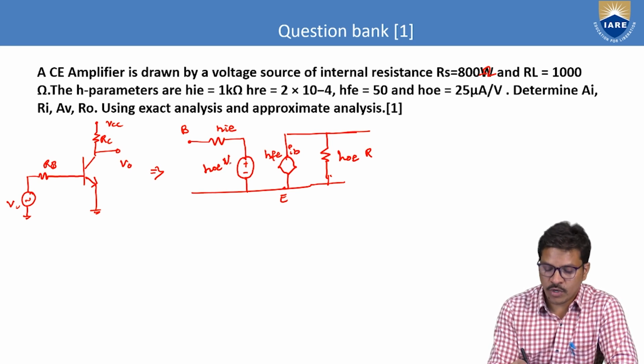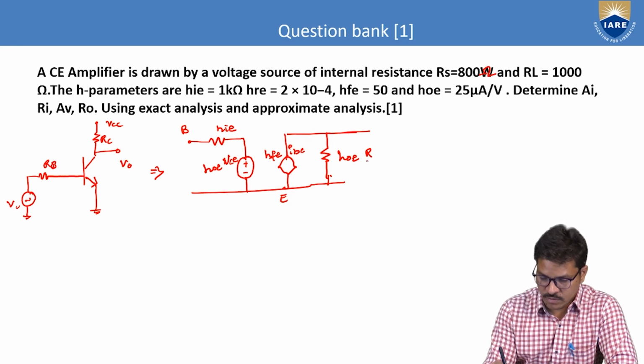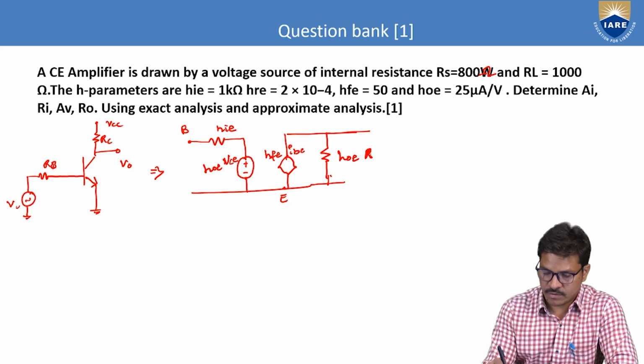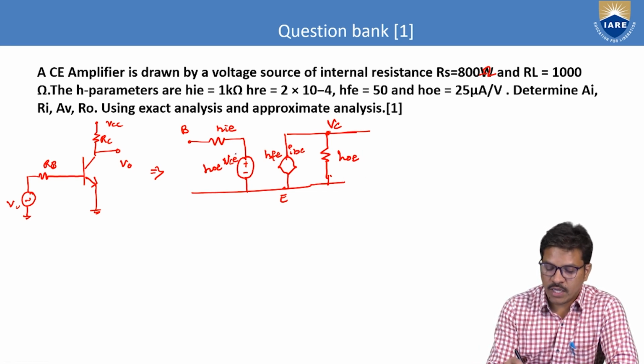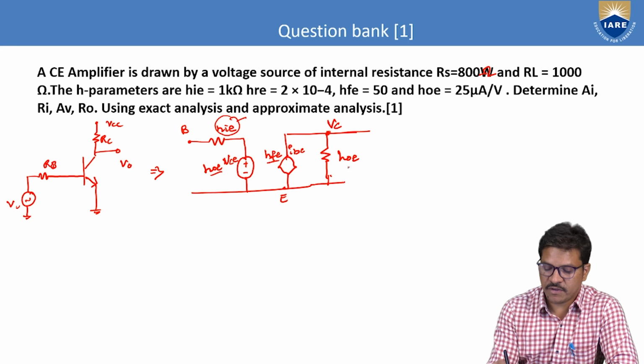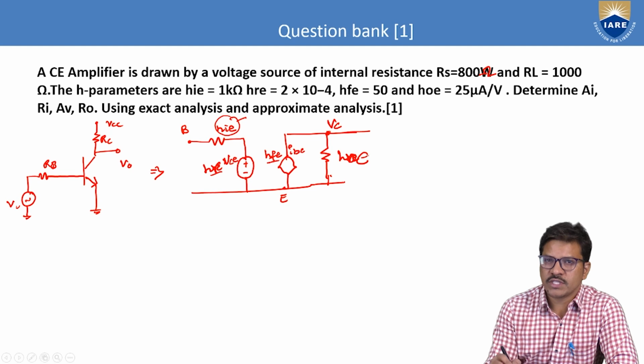V2 means the output voltage, VCE, and IB is the base current. All the transistor H parameters HIE, HRE, HFE, HOE are given.